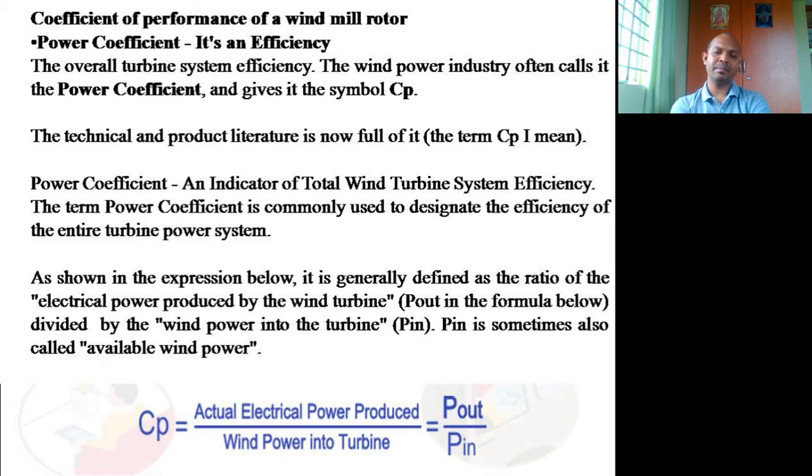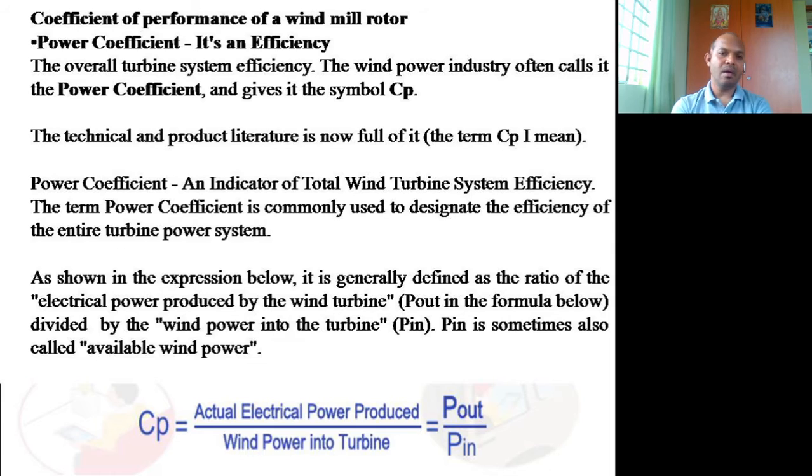Basically, the performance of a typical wind turbine is designed with different ratios. A general wind turbine will have 30 to 40% efficiency, and at times, in a peak wind, we can raise it to 50%.